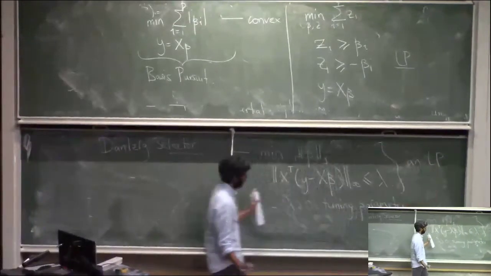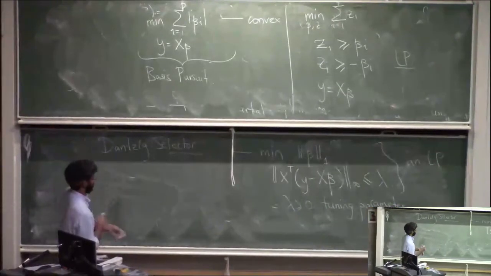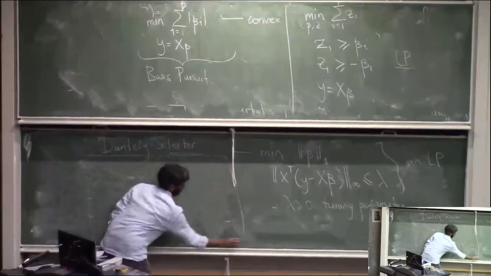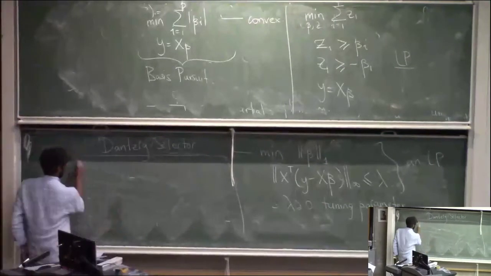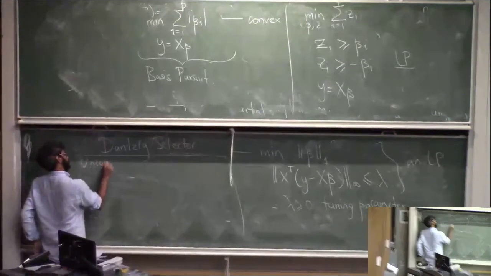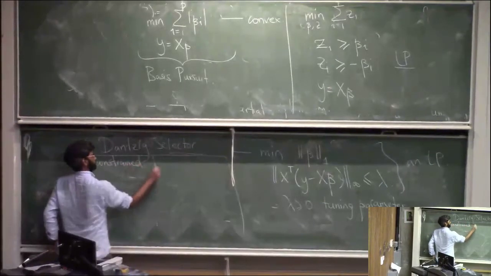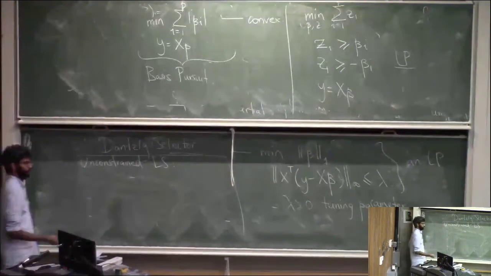And now one can ask, okay, where did this thing come from? One way to motivate it is to think about unconstrained least squares. Least squares is a way of doing regression.